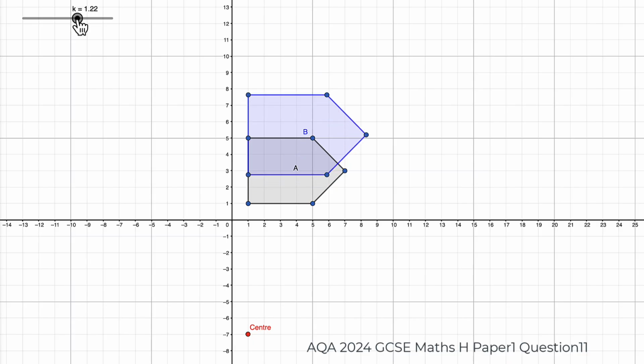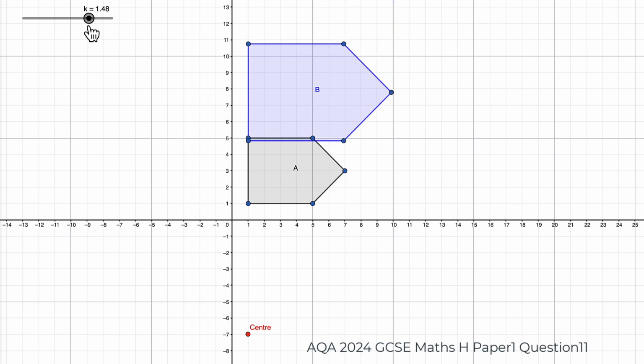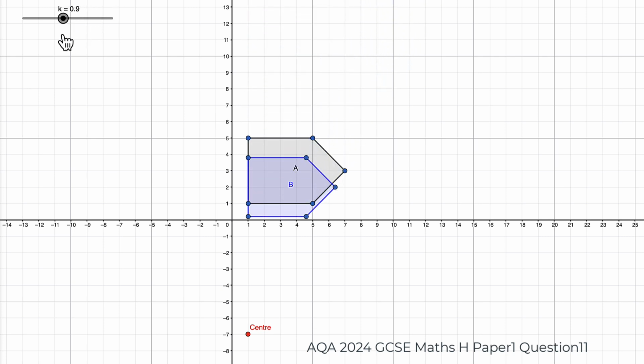When the scale factor goes larger than 1, for instance, suppose we end up at 2, then you'll notice that this lower edge, which had a length 4, has now got a length of 8. That's twice the size that we started with. So that's a demonstration of how this enlargement affects the shape B from the shape A.